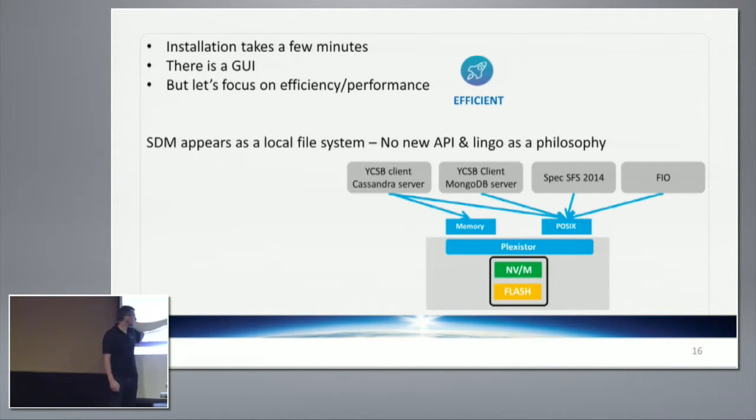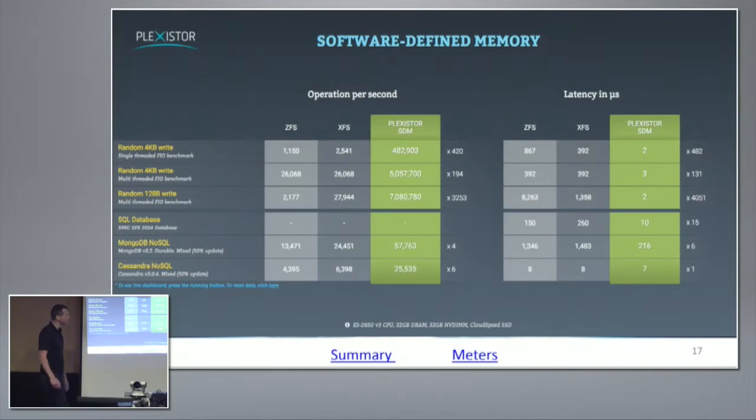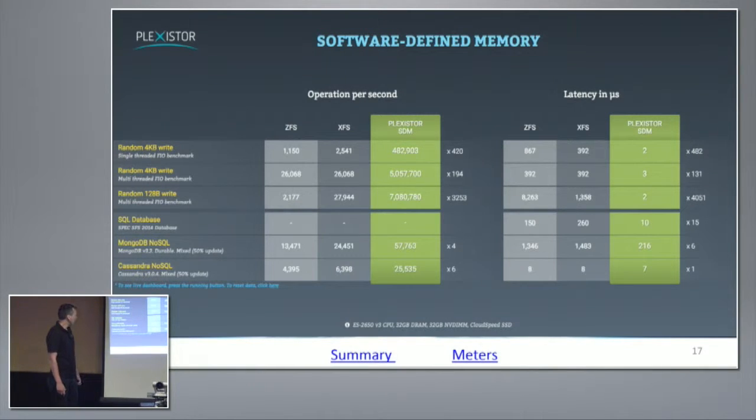And Cassandra is actually using MMAP, so memory semantics as well as writes. I mean, it uses both. OK, so these are the 6 benchmarks. I hope you can see that from where you are.